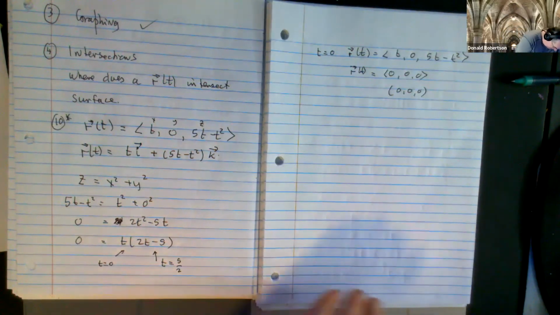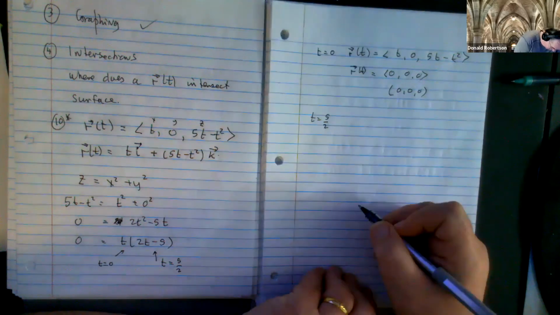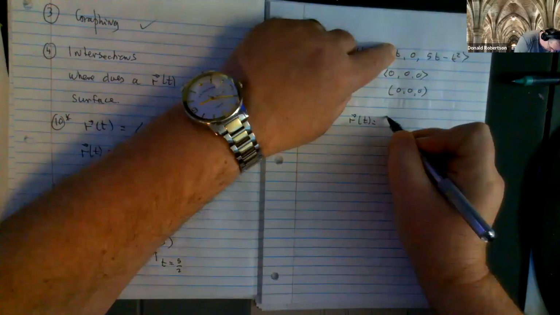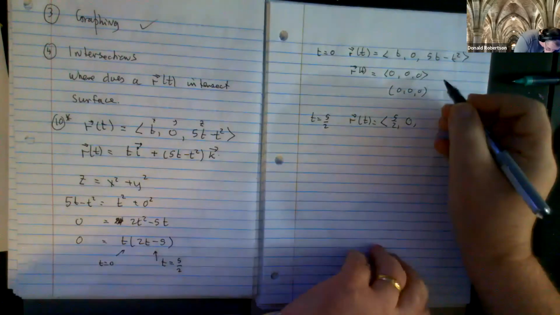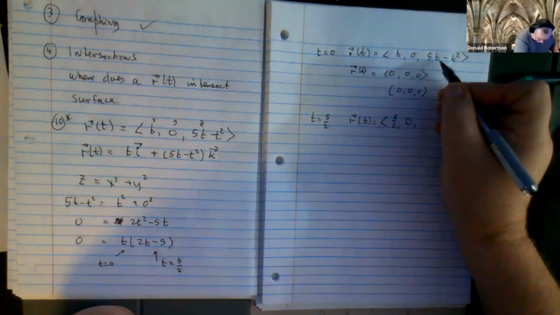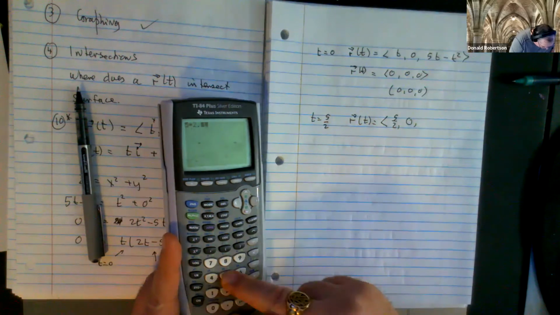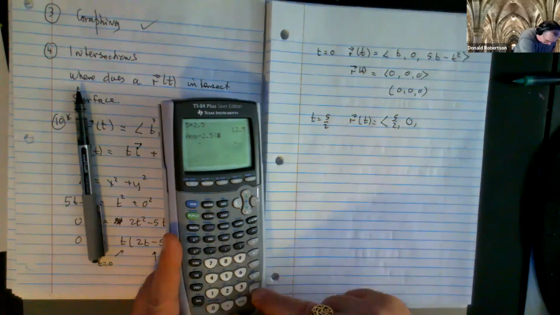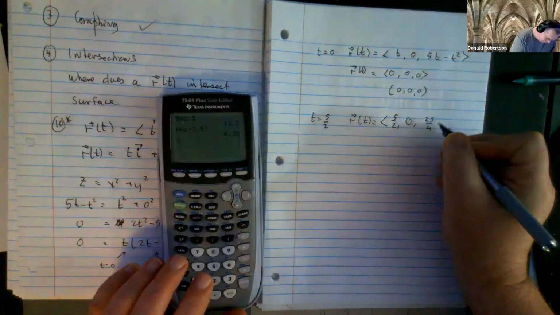And then the other one is going to be some numbers. So 5/2 into this space curve gets me 5/2, 0, and whatever 5/2 times t is. I'm not going to risk it. So it's going to be 5 times 2.5, take away 2.5 squared, and I get 6.25. Now what's that? 25 quarters. There we go.